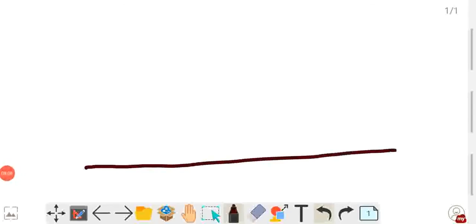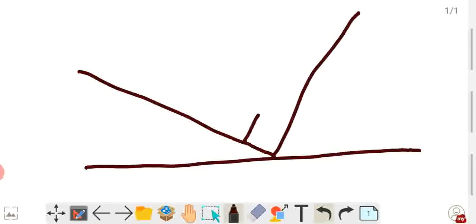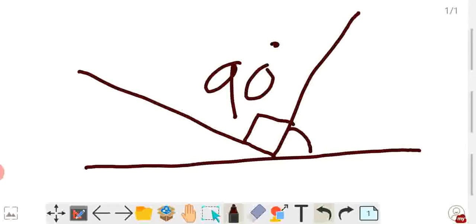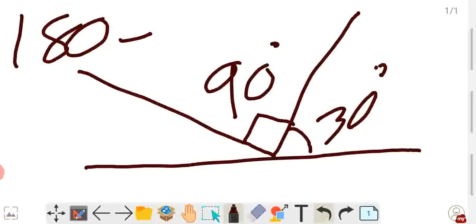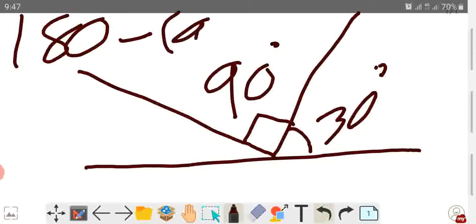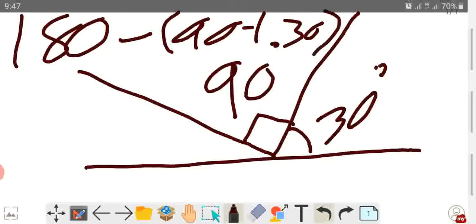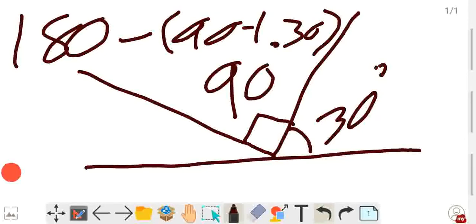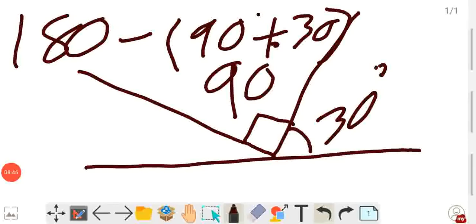Then here there is a straight line, there is one angle and there is another angle. Suppose this is a 90 degree right angle, and this is 30 degrees, then what is the value of the third angle? Here we first have to add 90 plus 30, and subtract from 180.